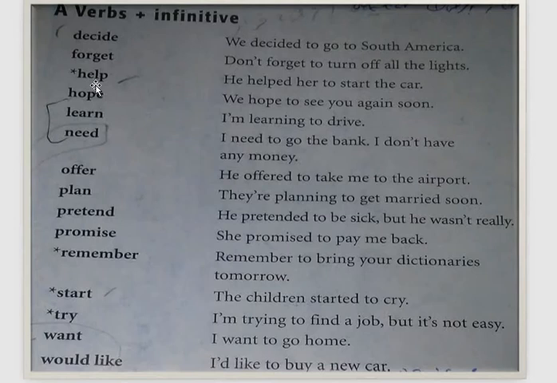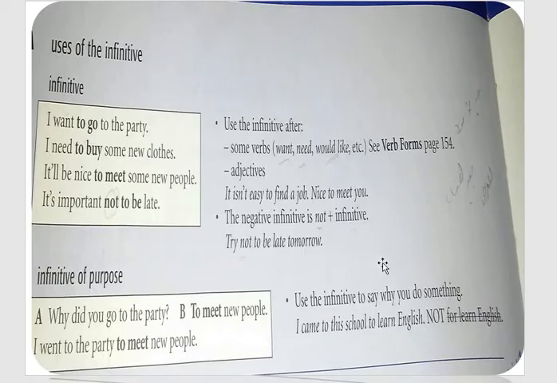Don't worry my students, we are going to study when we use them. It means we can use them in two different ways. The first way is with infinitive to, and the second way we are going to study later, God willing. Now we are going to come to the rule. What is the rule for these things? Look here.